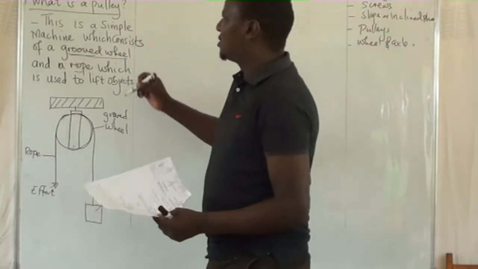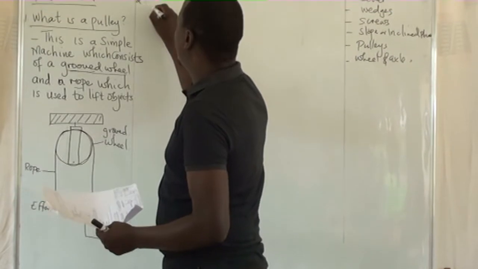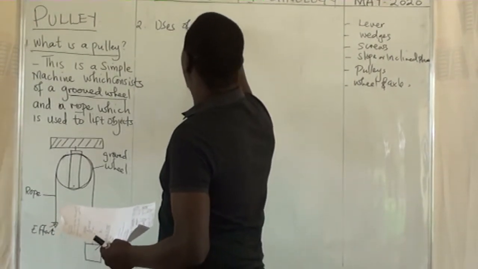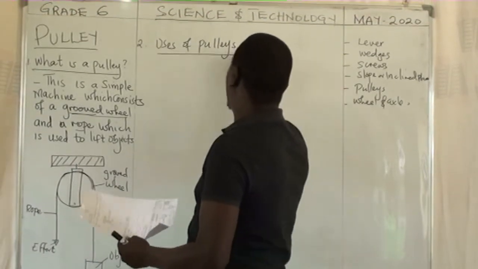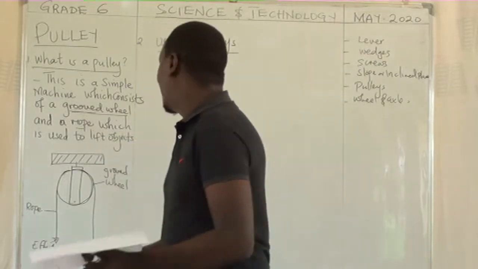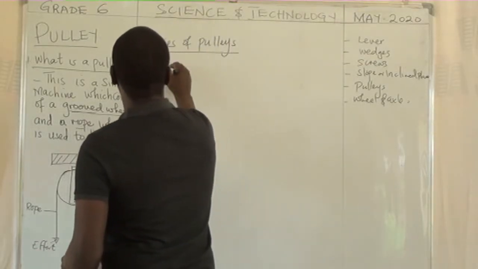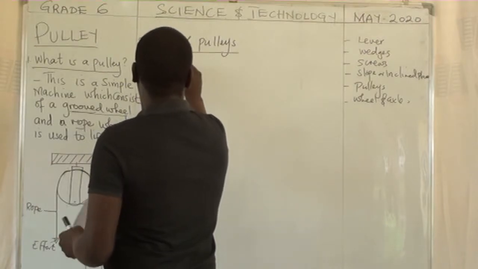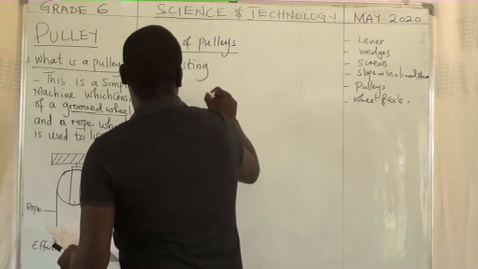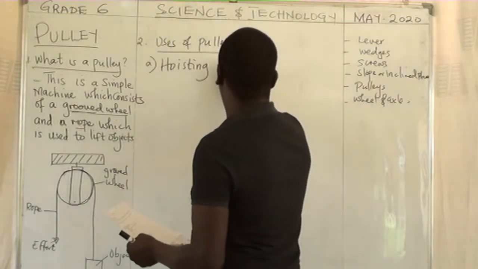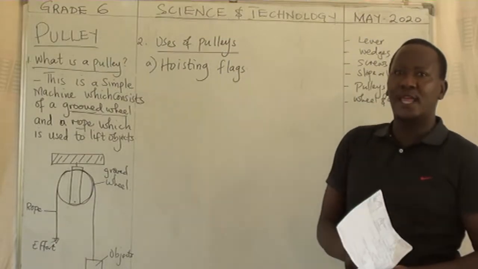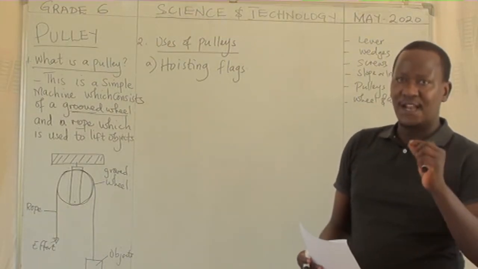Can we try to find out the different uses of pulleys before we look at the examples of the pulleys? The pulleys are used on different occasions. Number one, we can use a pulley to raise or lower what we call our flags. In other words, we can use a pulley in hoisting flags.